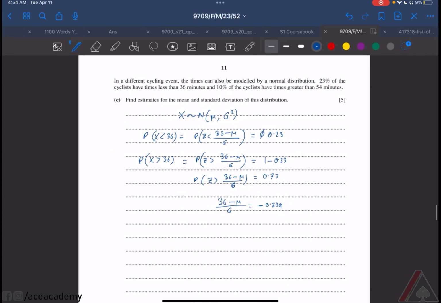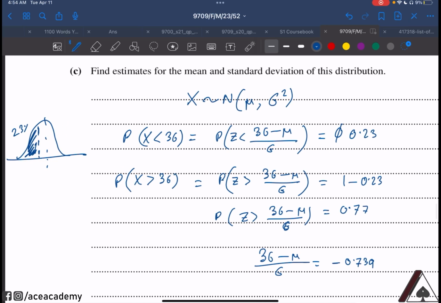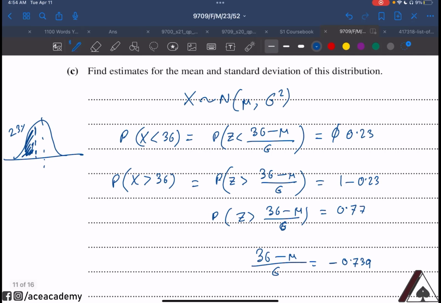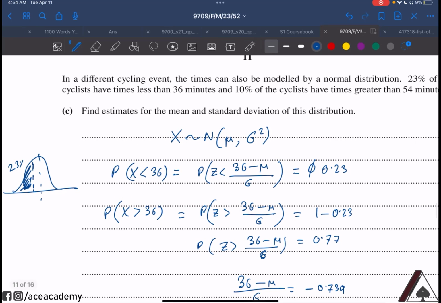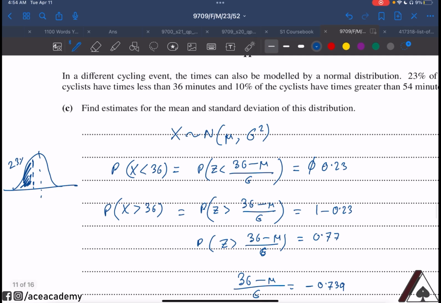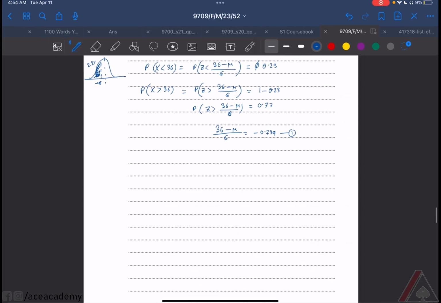Why is this minus? It has already shown us that this part will be 23%. So in order for x less than 36 minutes to be 23%, this must be below the mean. So this is negative. Thus, this will be equation 1.